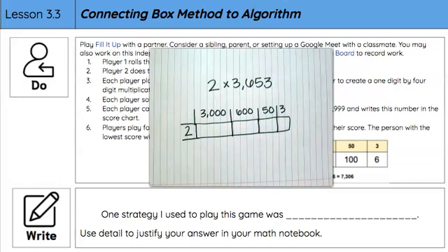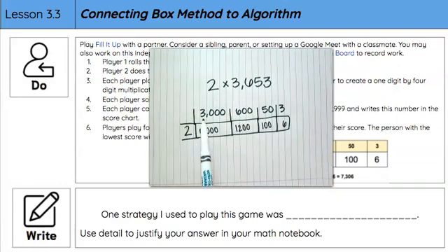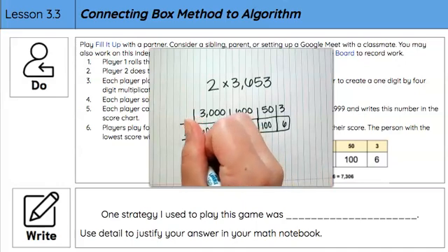Okay, now solve this multiplication problem. So I solved for 2 times 3,000 to get 6,000, and 2 times 600 to get 1,200, 2 times 50 to get 100, and 2 times 3 gives me 6. Now I have to add up all of my partial products for the final product.